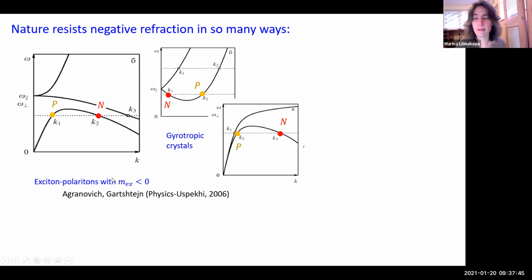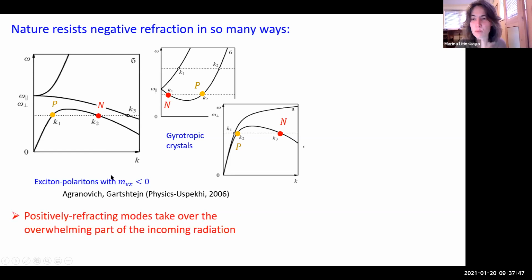Next, another important point is that in all these examples, typically the width of the negative refraction window, the part of the dispersion curve where you have negative refraction, is small compared to losses. So typically losses beat negative refraction in these materials. What else can we have?